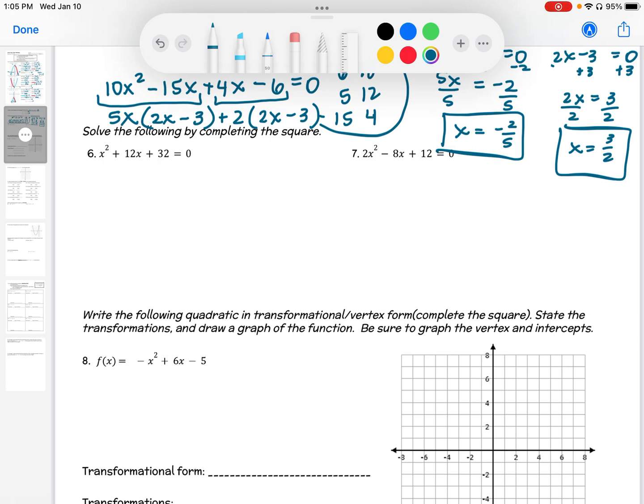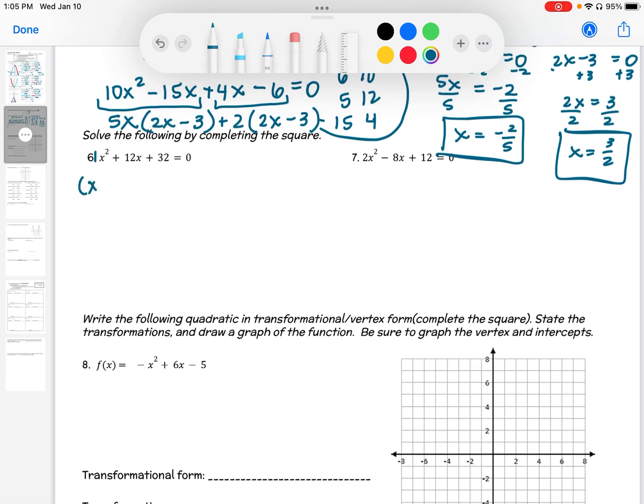So first thing we should do, we have a is 1 here, so that means we have the easier case for number 6. I'm going to split up my first two terms, and let them stay inside, and then my third term, that plus 32, has to be lonely on the outside. And remember, when we're setting this up, we always have a plus on the inside and a minus on the outside. So what we're going to do now is figure out what number goes here and what number goes here.